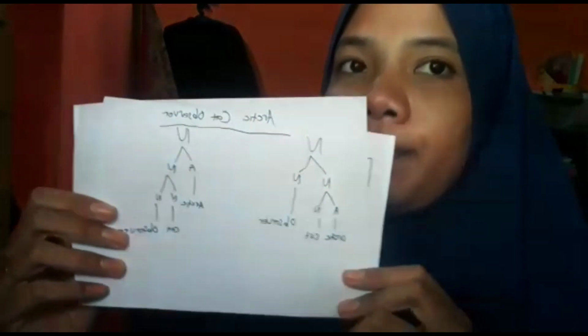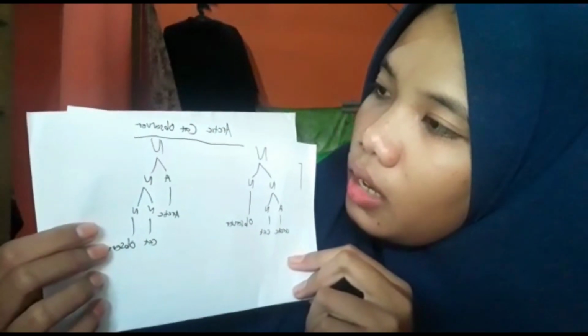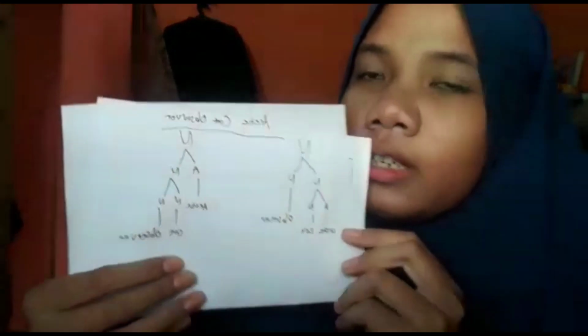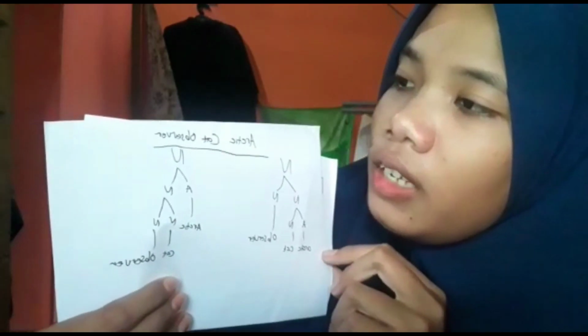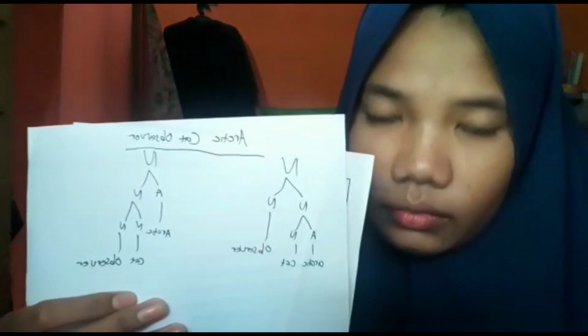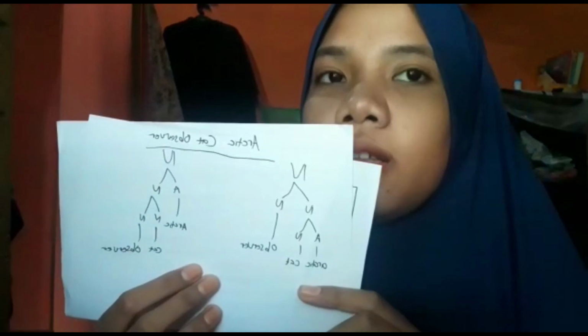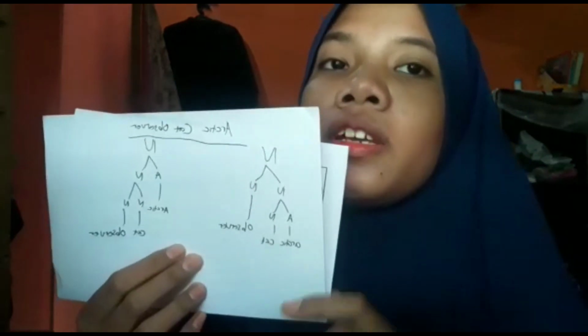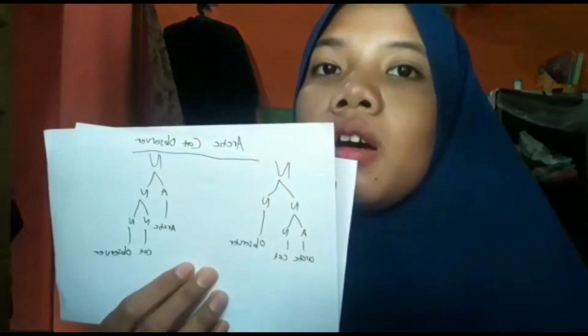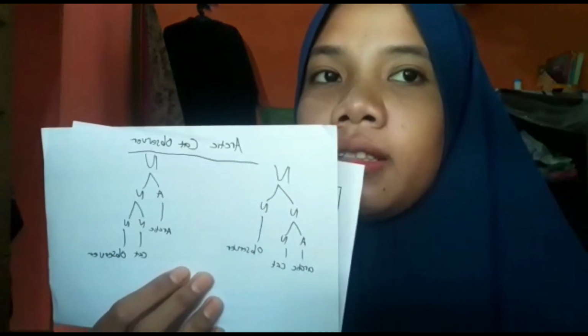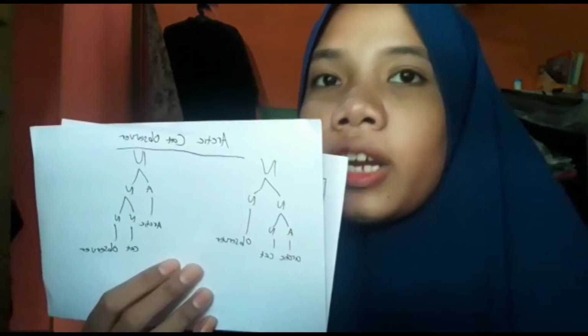Some compounds can be ambiguous and therefore can be represented by more than one structure. As you can see, these are the different structures of Arctic cat observer. Often, the more complex the compound is, the greater the possibility of multiple interpretations and therefore multiple structures.